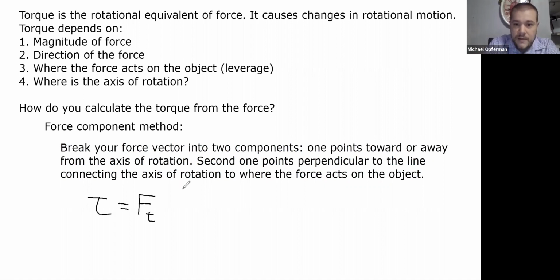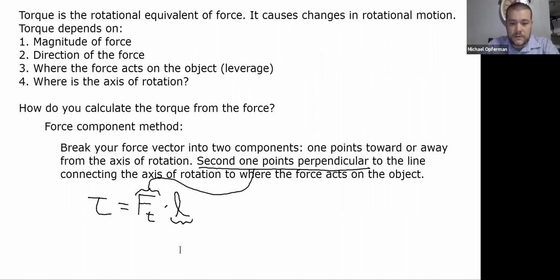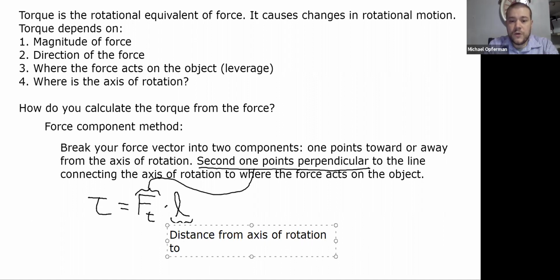So this is this second component of the force. That's what this refers to. Times, I call it L, and L is the distance from the axis of rotation to the point where the force acts on the object.